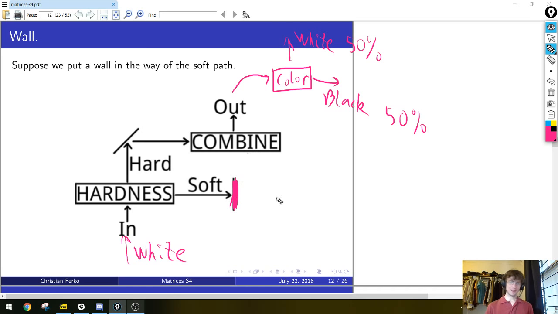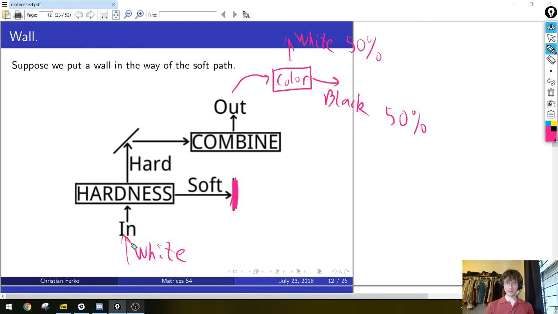It gets worse, because you could imagine, maybe the boxes aren't made especially well, and since this is all very close together, if you put a wall in the way, somehow it propagates a signal back to the hardness box.